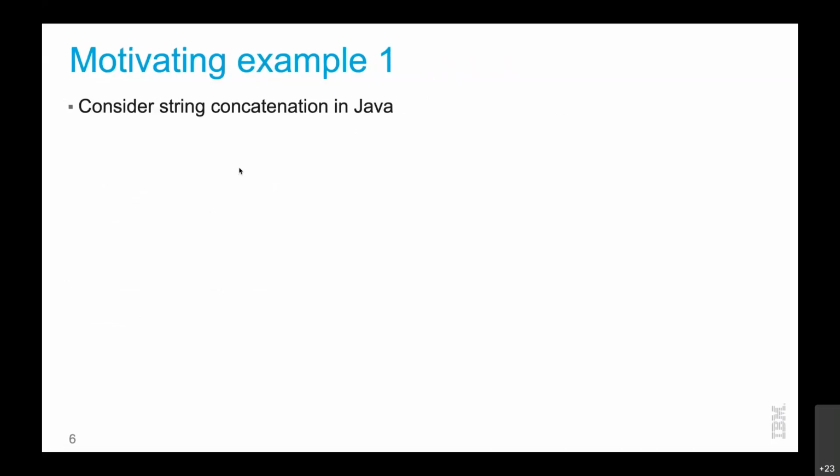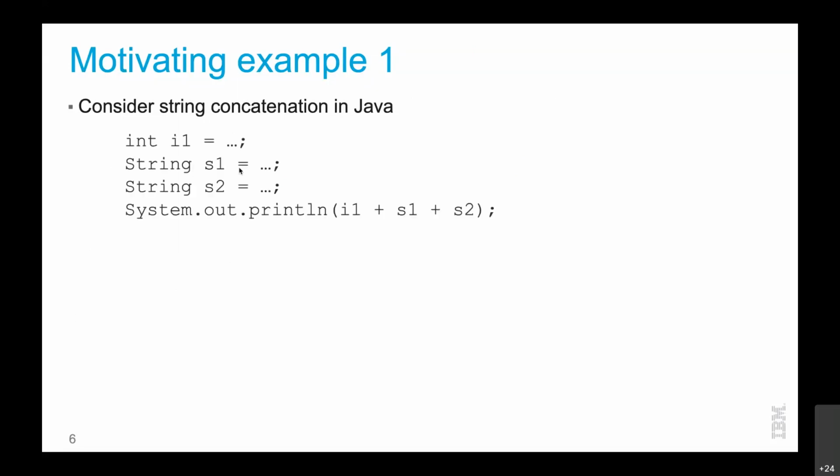So moving on to an actual example, if you consider string concatenation in Java, so for instance, I've got an integer, a primitive int, and a couple of strings that I'm concatenating to one another, and then printing out the result.